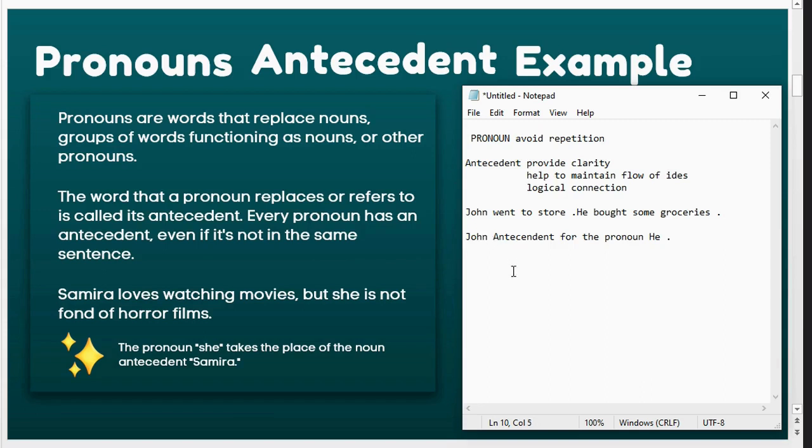So I can put this like this. We should not use "he" again and again. John went to the store. John bought some groceries.